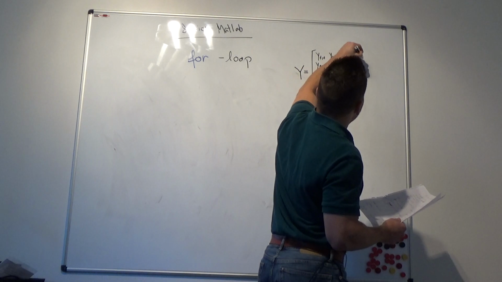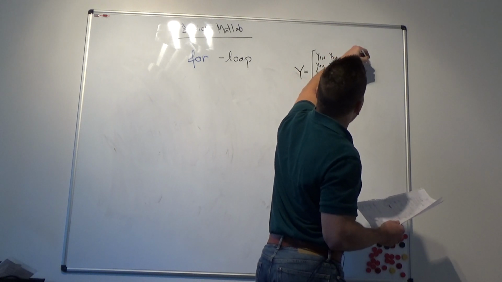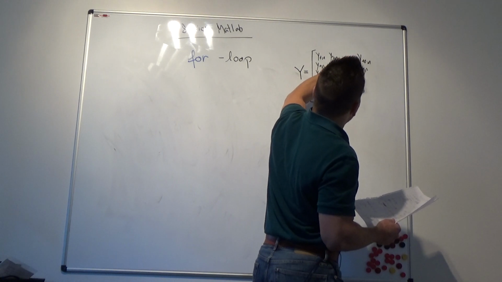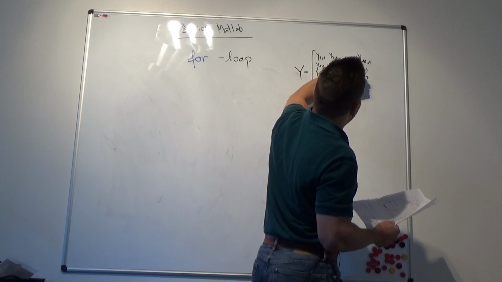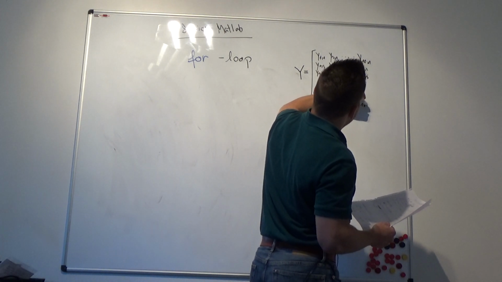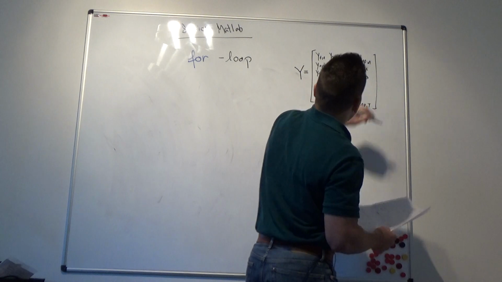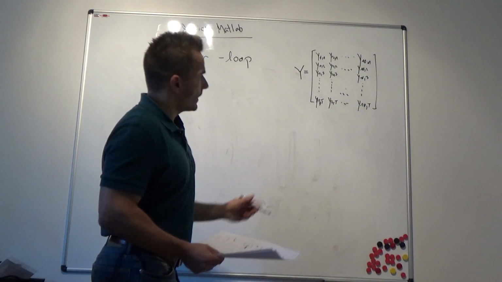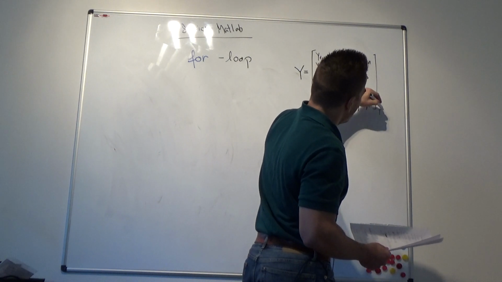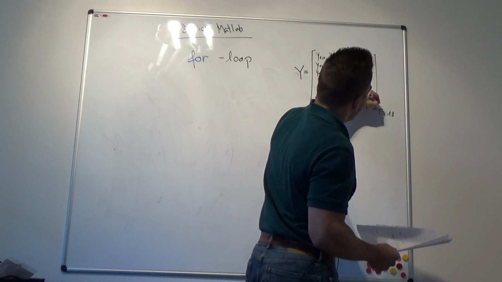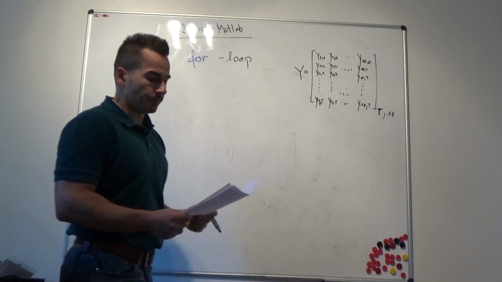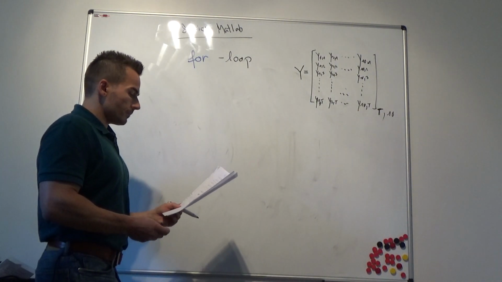Here's then y10 1, second element is y10 2, y10 3, and the last element would be then y10 capital T. Yeah? So our data matrix Y has the dimension T. We have T time series observations, and we have 10 stocks in our universe, so it has a dimension capital T by 10. Yeah? That's our data matrix.